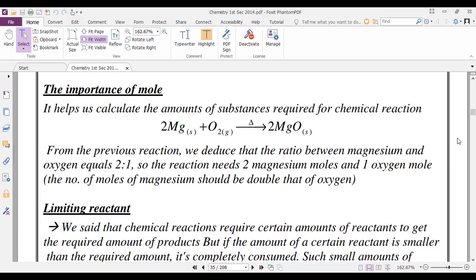If 1 mole of magnesium makes a reaction, it will react with half a mole of oxygen molecule to produce 1 mole of magnesium oxide. So it's a fixed ratio: 2 to 1 produces 2 magnesium oxide, 1 to half produces 1 mole of magnesium oxide. Do you understand? Any problem?